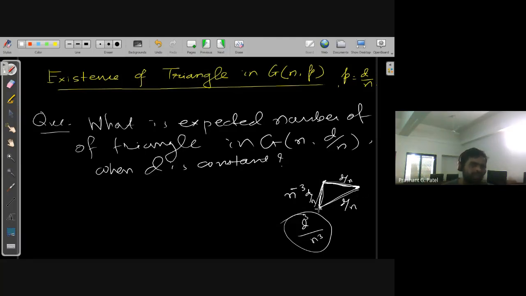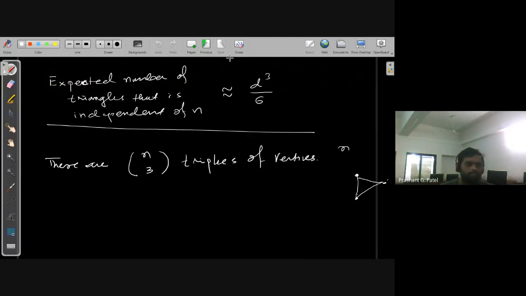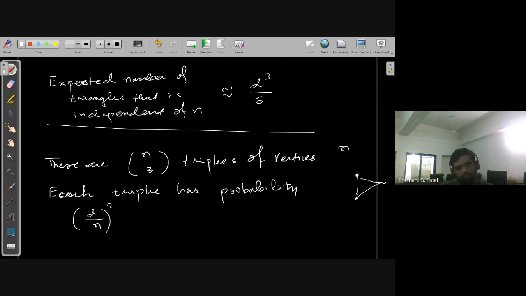So all these three edges together have the probability d cubed by n cubed. So each of these triplets has probability (d by n) cubed of being a triangle.